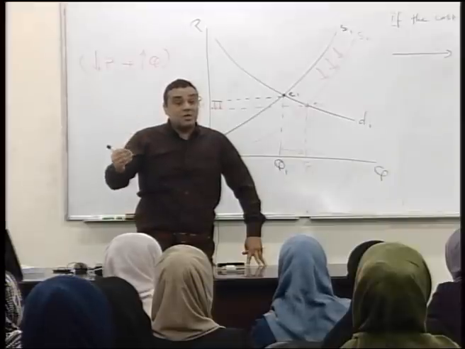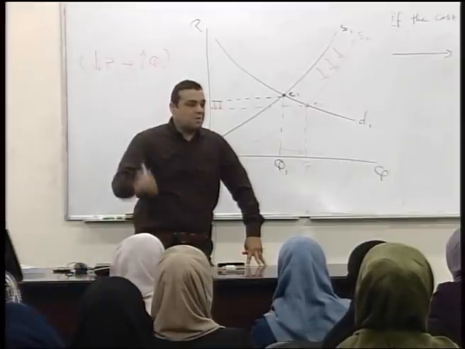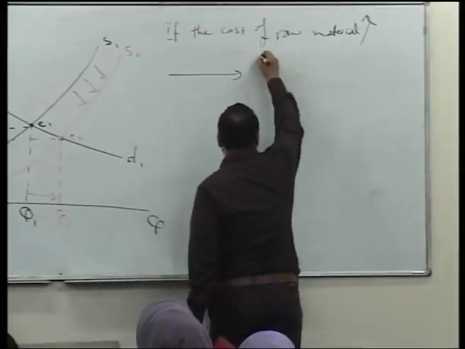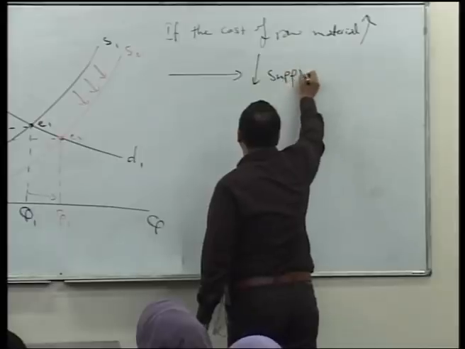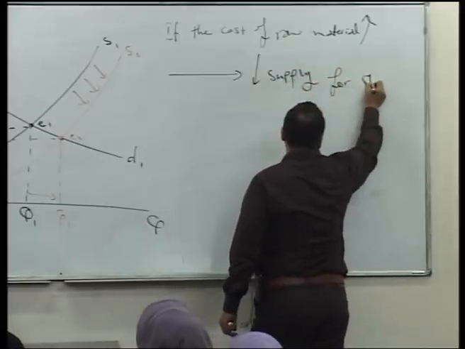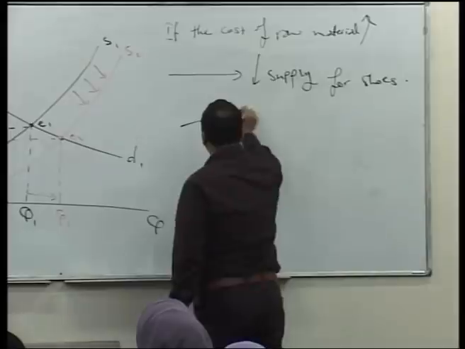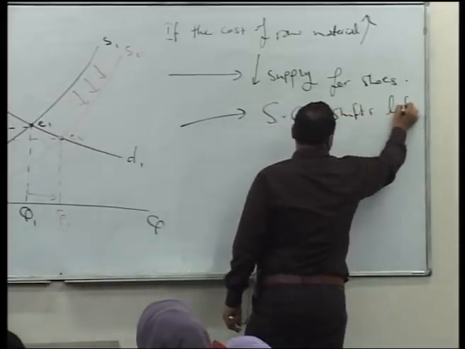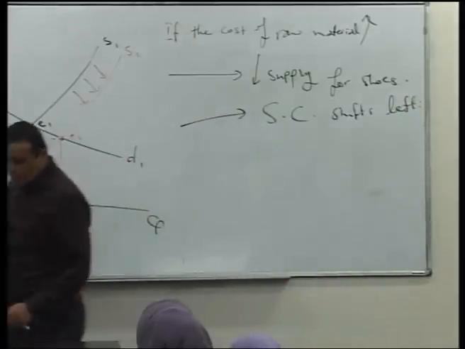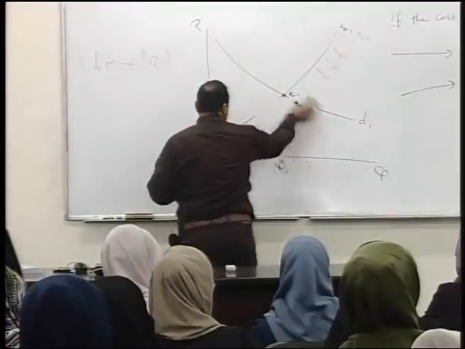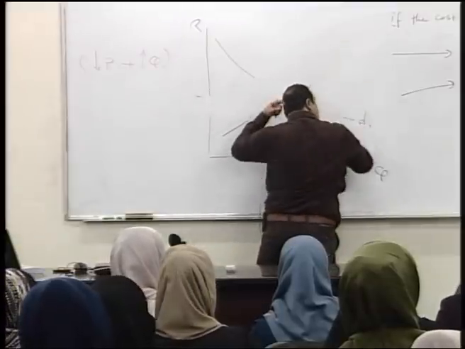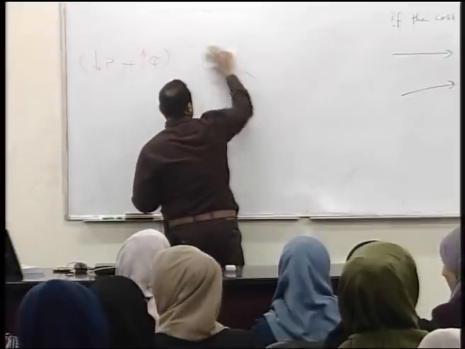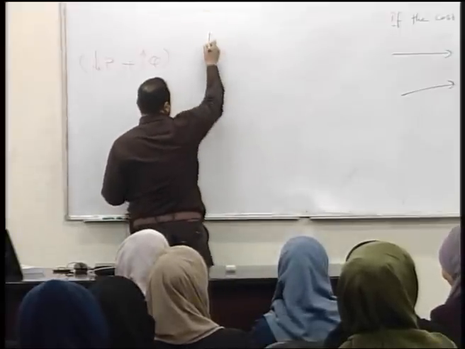Their ability to produce goes down. Their willingness to produce goes down as well. So this leads to a decrease in supply for shoes. So the supply curve shifts left. Here we have a leftward shifting in the supply curve for shoes.